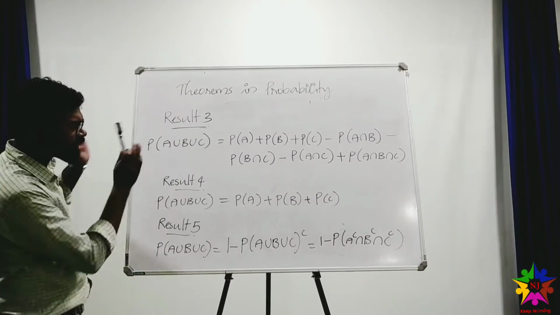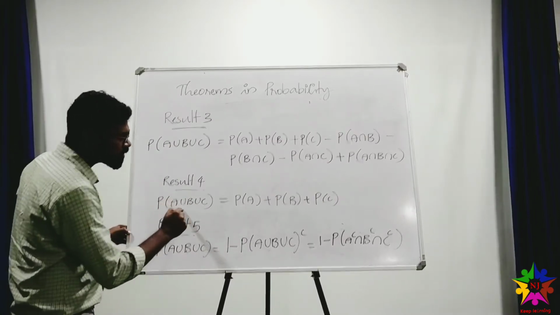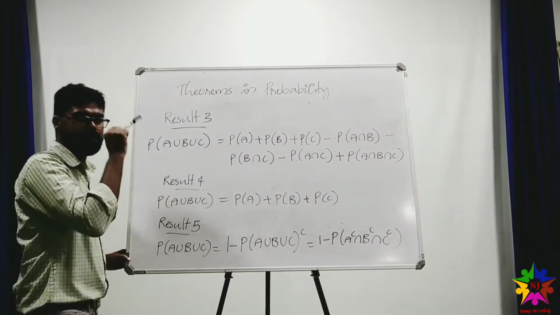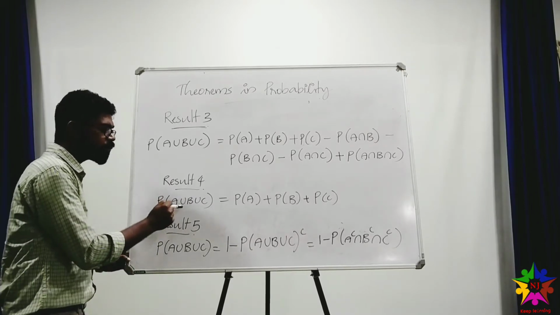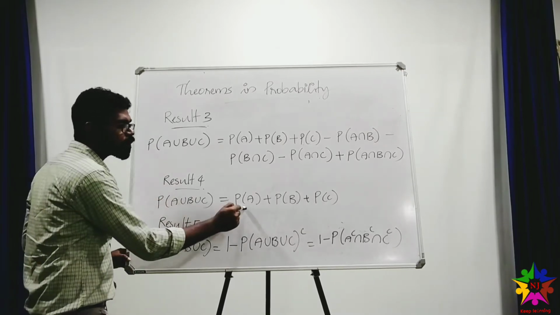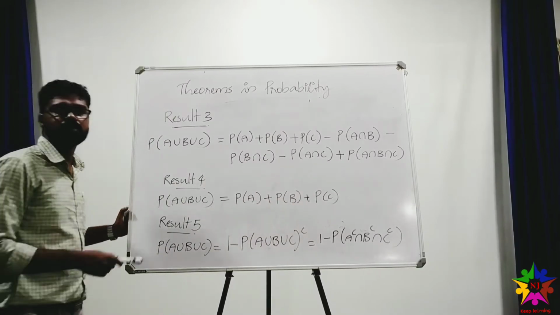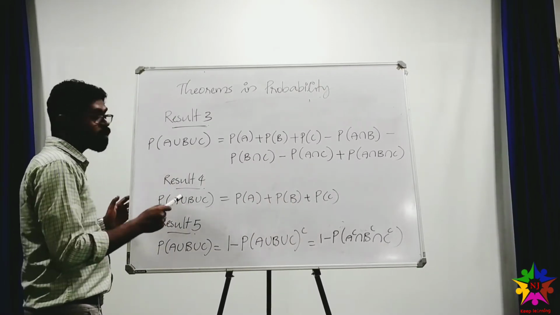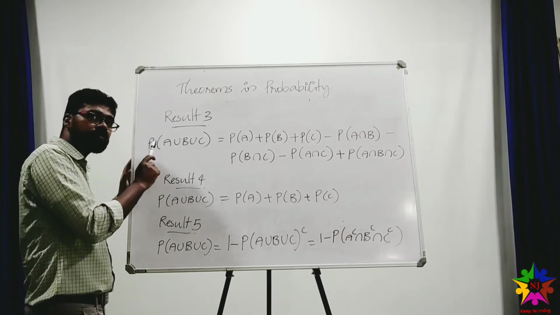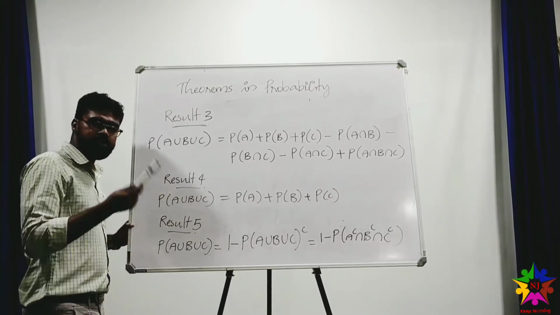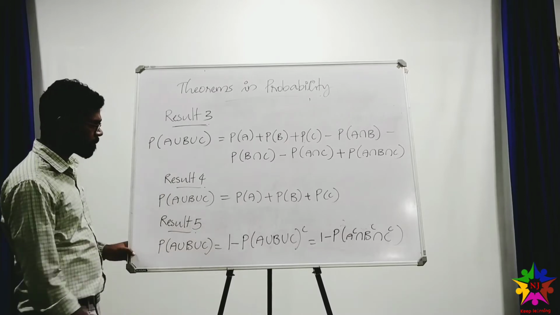Here there is a slight difference: these three events are mutually exclusive events. That means probability of A union B union C will be probability of A plus probability of B plus probability of C. You just recall the probability of A union B in both cases, mutually exclusive events and not mutually exclusive events, that we have discussed in the previous classes.